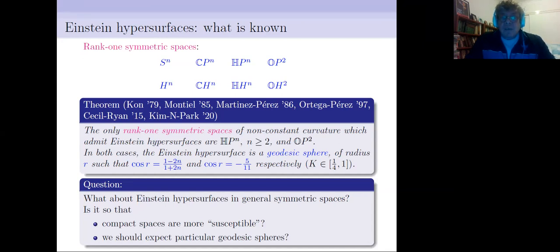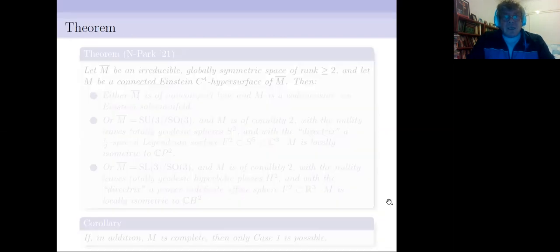Now we can drop this assumption about rank 1 and look at higher rank, and it turns out that both our speculations are just resoundingly incorrect. No and no. It is not true that we have more Einstein hypersurfaces in compact symmetric spaces, and probably neither of the existing ones are geodesic spheres, maybe in some degenerate cases.